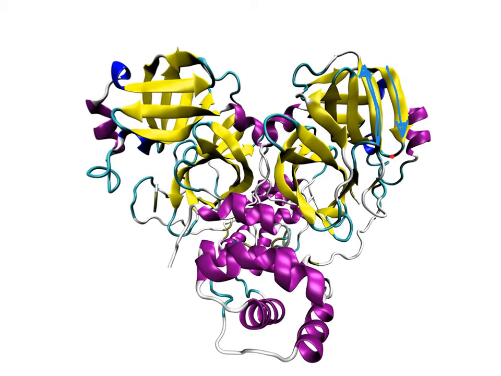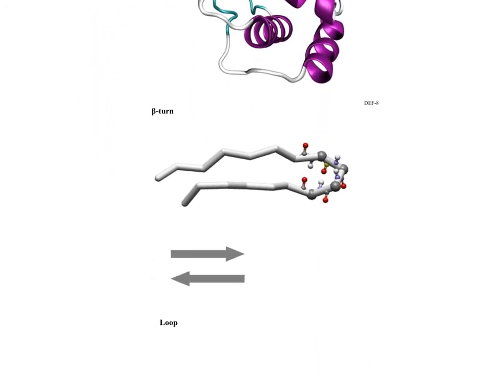It turns in sort of a hairpin and comes back the other way in another beta strand. That's a special structure called a turn. What about all this other sort of seemingly random looking stuff? These are called loops, and our next part of the notes is going to be turns and loops.